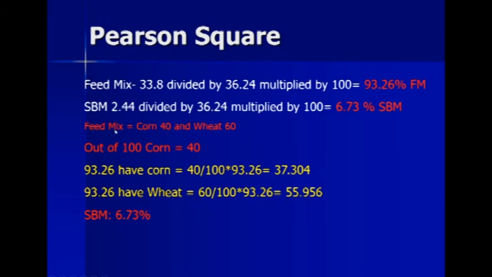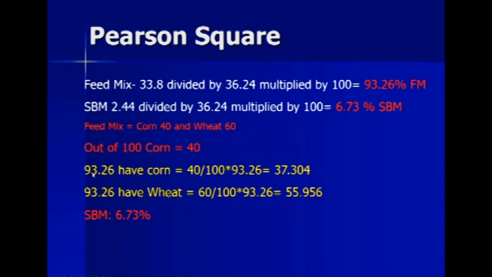So we mix this corn and wheat in a ratio of 40 parts of corn and 60 parts of wheat. So out of 100, there are 40 parts of corn. Here we have 93.26 parts. So the parts of corn will be equal to 40 divided by 100 into 93.26, which is 37.304.